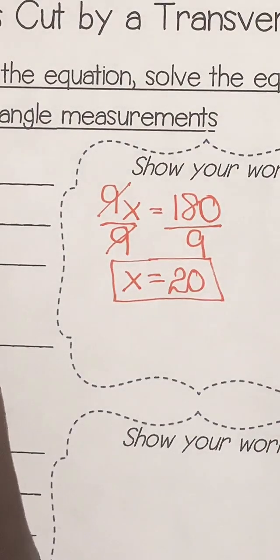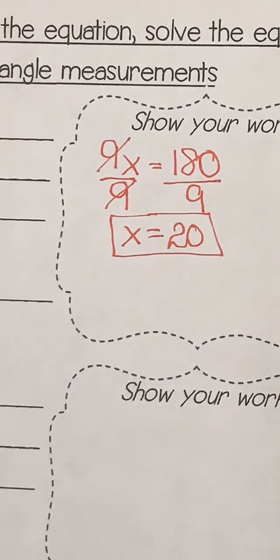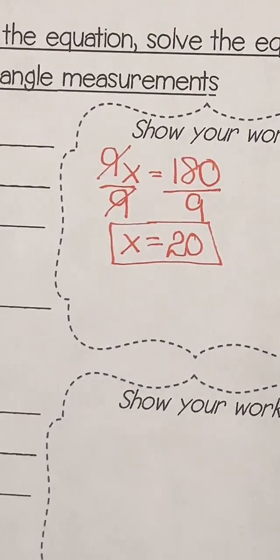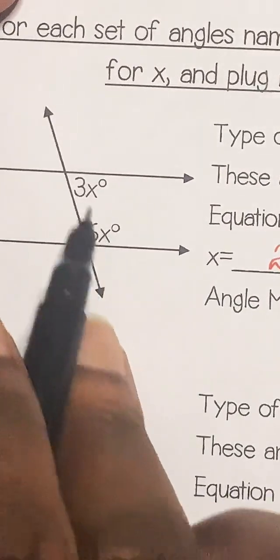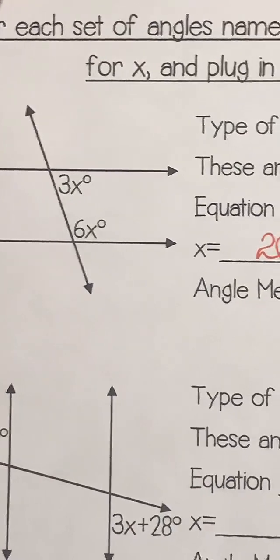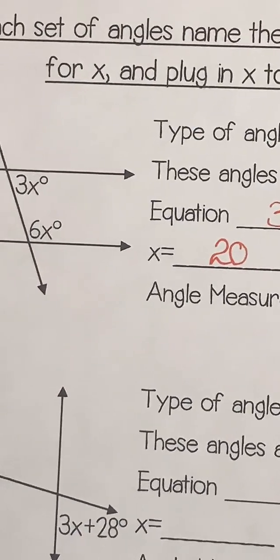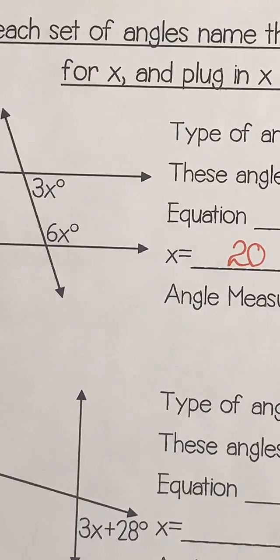Okay, so if x equals 20, what's the measure of my two angles? Michael's saying 60 and 120.